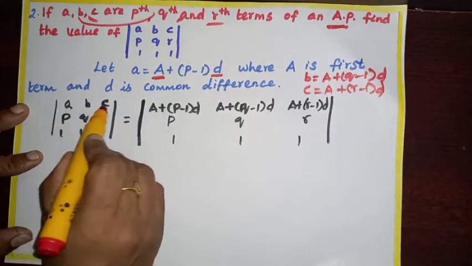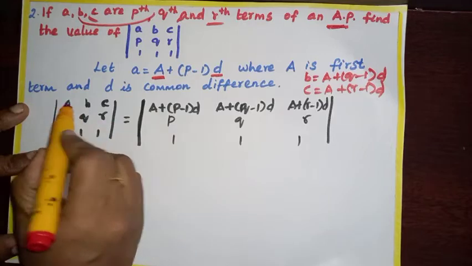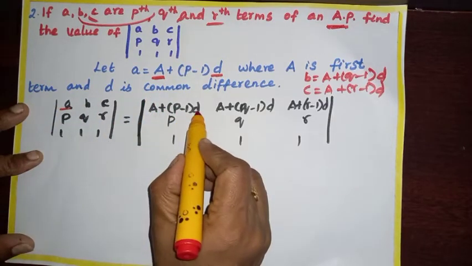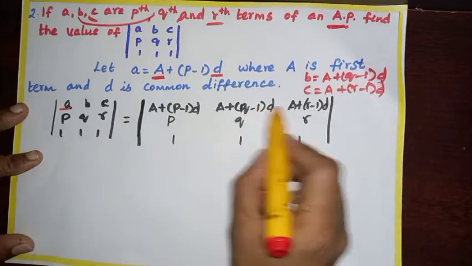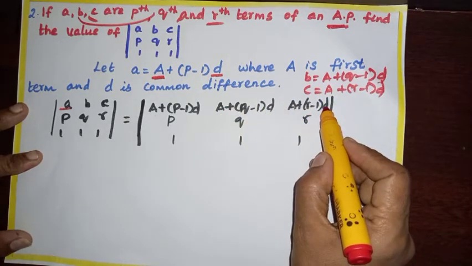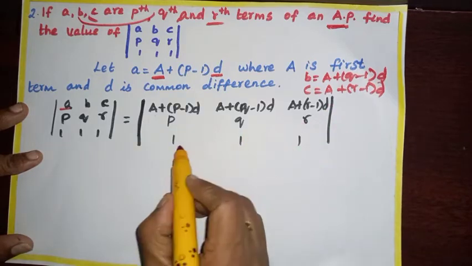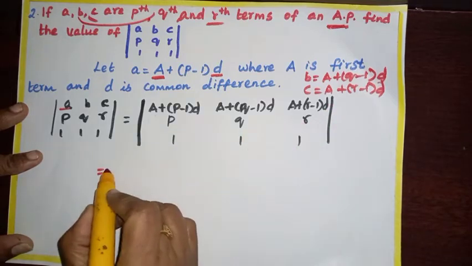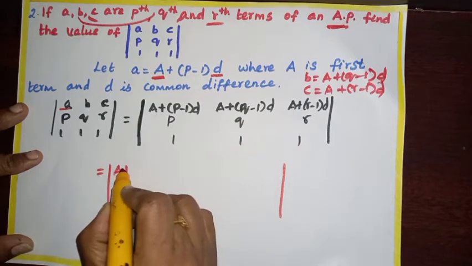The determinant of A, B, C, P, Q, R, 1, 1, 1 is equal to, in the place of A, substitute A plus P minus 1 into D, in the place of B, A plus Q minus 1 into D, in the place of C, A plus R minus 1 into D, then P, Q, R, 1, 1, 1. Now what I am going to do, first row I multiply D inside.